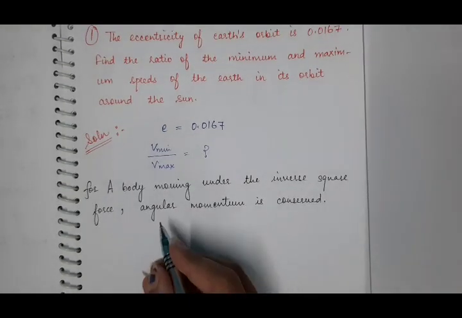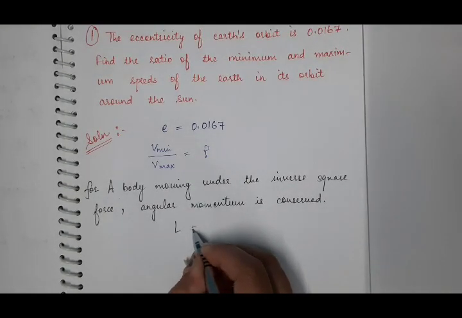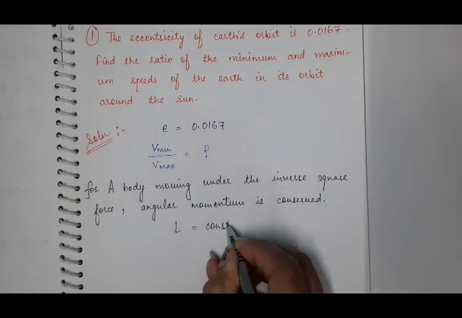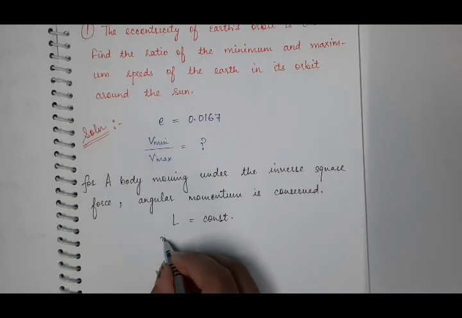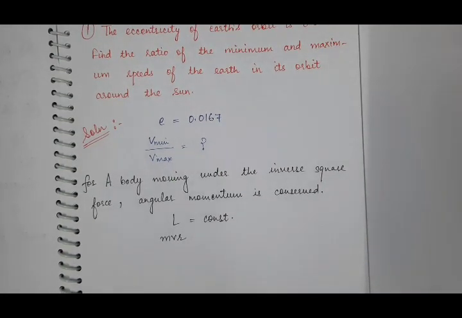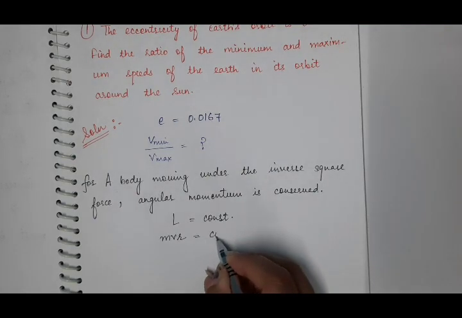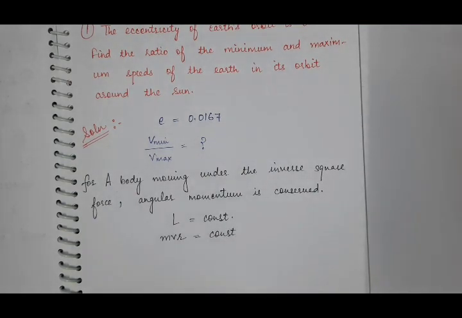So what is the expression for angular momentum? L is constant. And what is L? L is equal to mass into velocity into distance from the center of the force. Earth revolves around the sun in an elliptical path, as we discussed in yesterday's lecture.